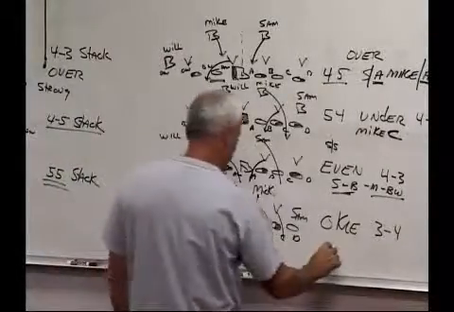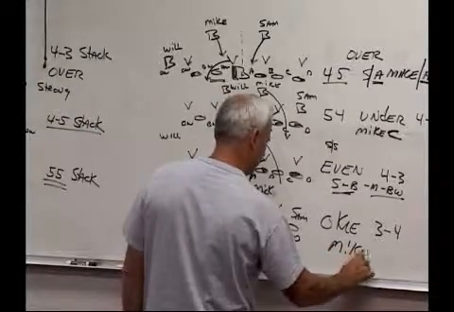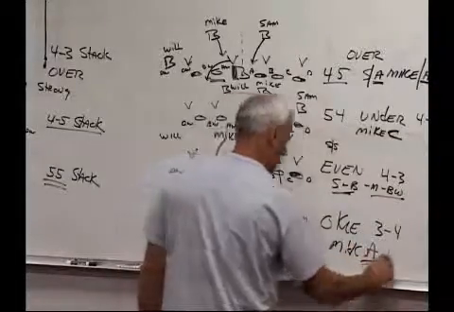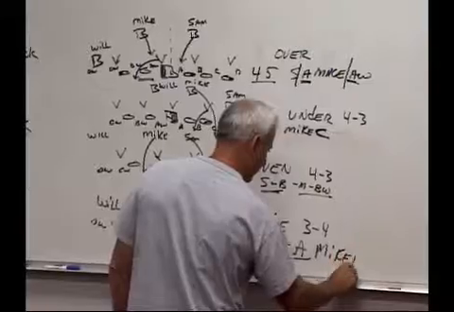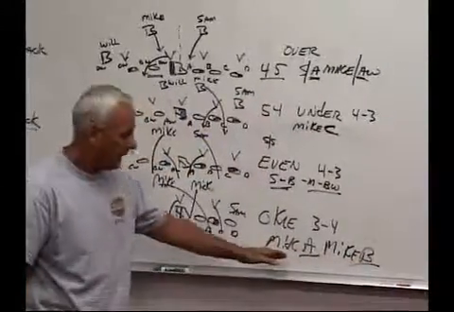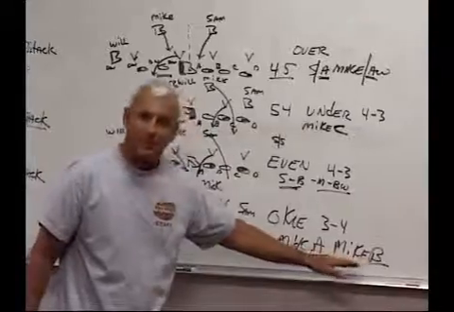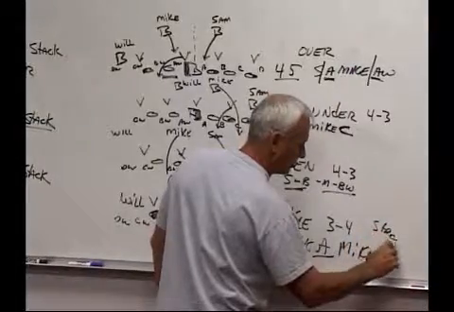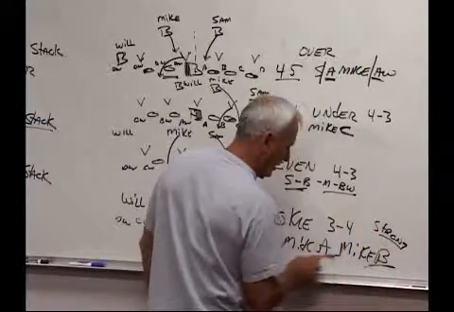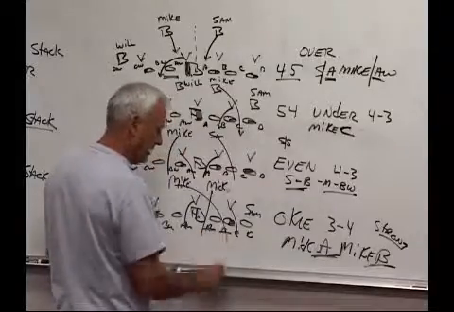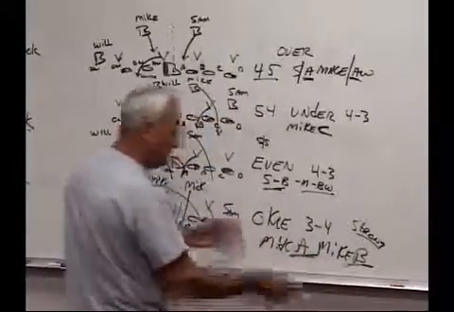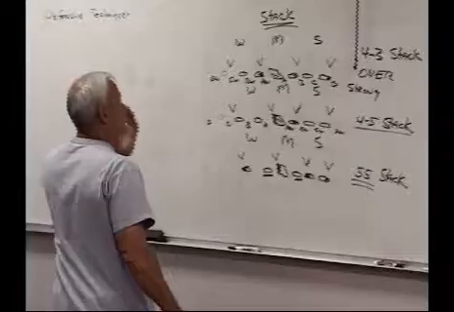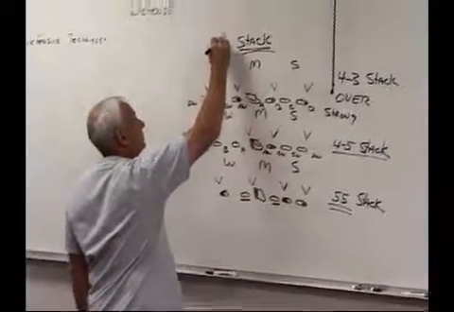We got an Okie front, we got Mike at A, Mick at A, M-I-C-K, Mick at A, Mike at B. All right, when I see Mick at A, Mike at B, then I know we got a strong side blitz, because I got A and B gap. They're coming to the same side. If I had AW, BW, then I know it's a weak side blitz. And that's kind of how we do this thing here. All right, for you guys, it ties in with the secondary.